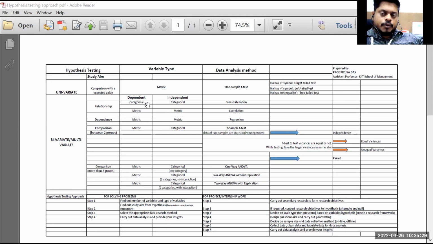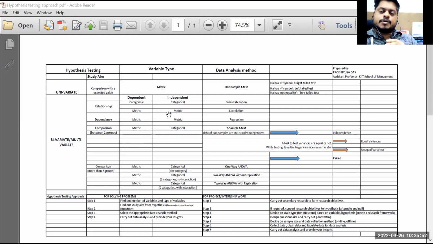Whenever my research objective is to find out the relationship between two or three variables, and those variables are in categorical format, right? If they are in metric format, then we'll go by correlation.